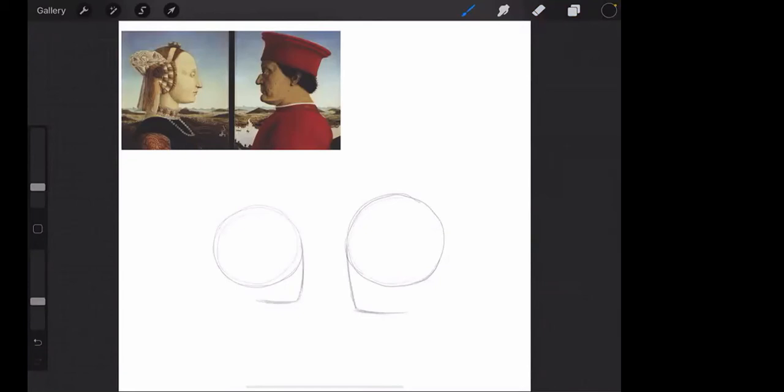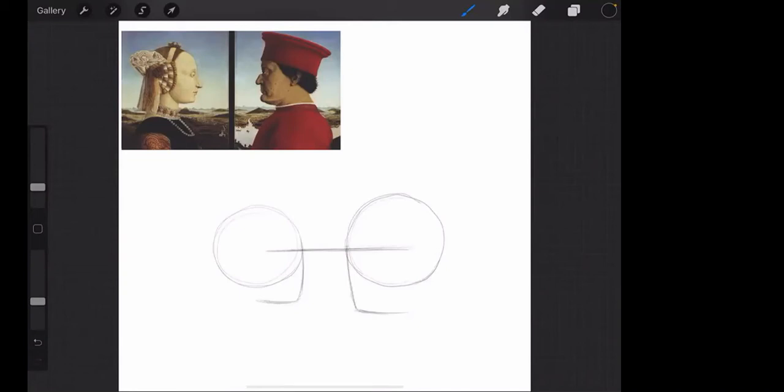Like that. And you can find the line for the eye. Okay, I will use the same line for both of them. So they are facing each other, they are looking at each other.